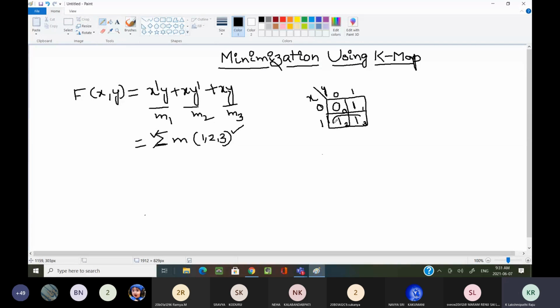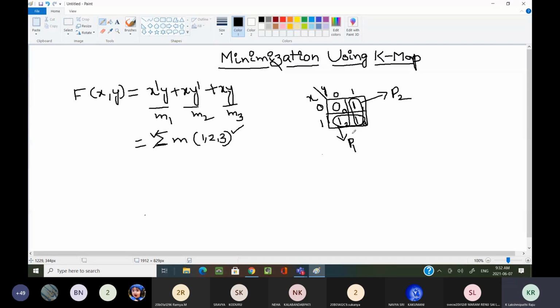By combining these two adjacent min terms, I can form one pair. By combining these two vertically, these two adjacent min terms, I can form another pair. As a starting problem, for your better understanding, I am writing the pair positions also. This I can consider as pair 1. This is my pair 2.